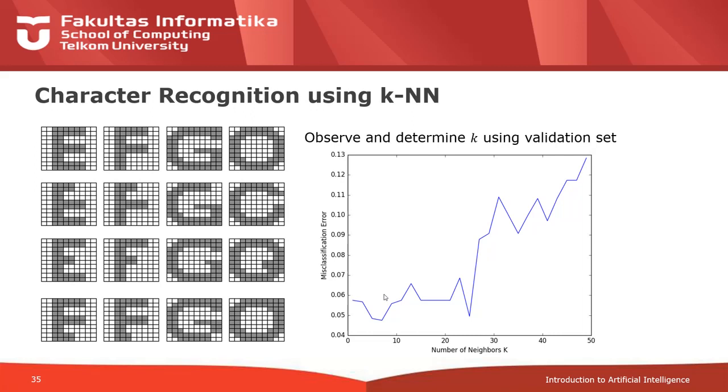So you do it for k equals 1, for k equals 2, for k equals 3, and so on. Then you can plot it in this graph. And this one is the misclassification error. And then you choose k with the least number of errors. So for example, a good k here will be k equals 7 or 8. I think this is 7, yeah, because it has the lowest misclassification errors.